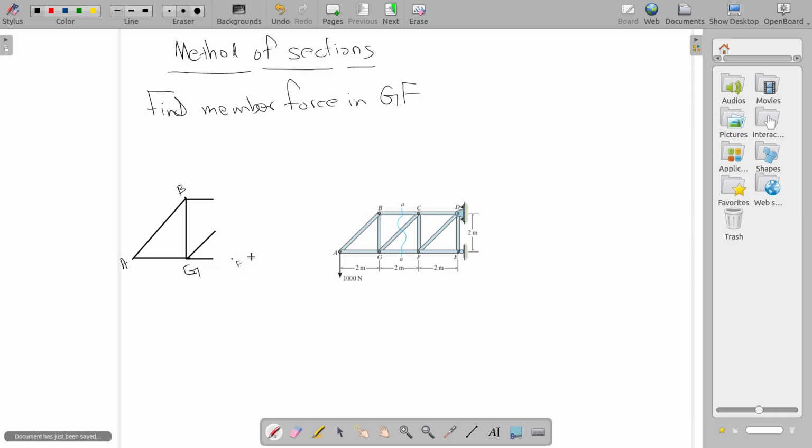Here you add F, here you had C, okay, here you have F.